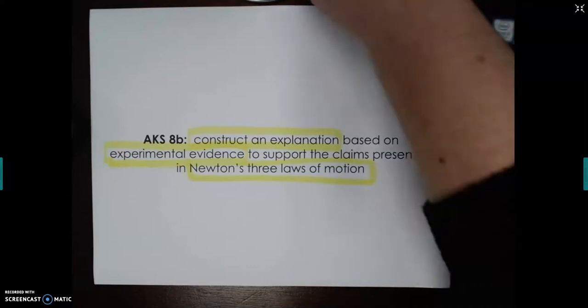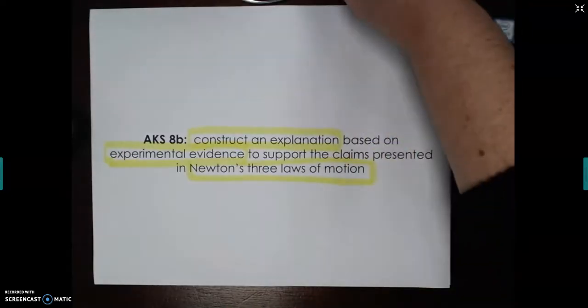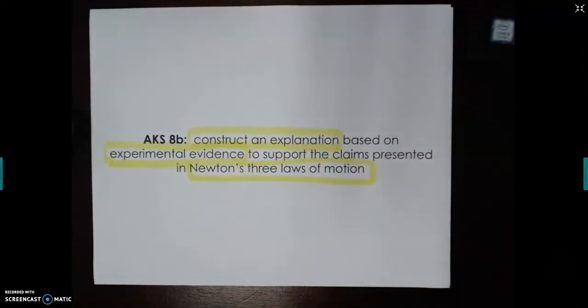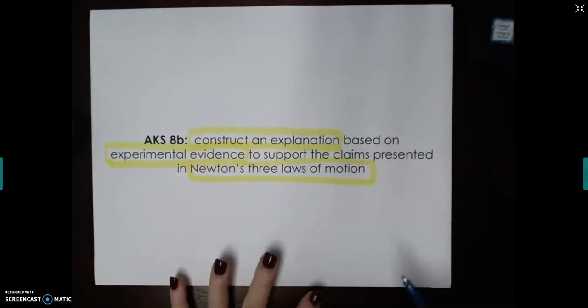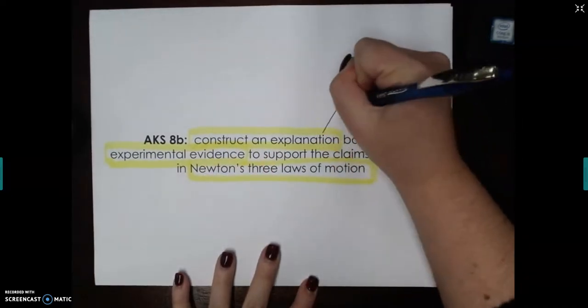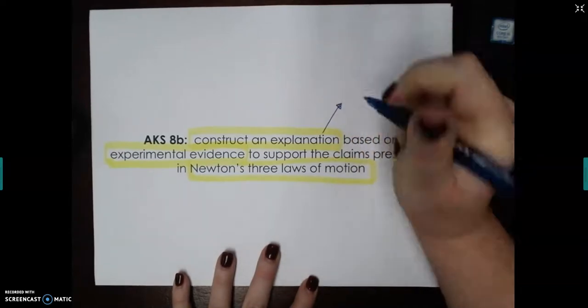So we have talked about constructing an explanation before, and I'm going to use my blue pen to talk about my science and engineering practice of constructing an explanation. So I'm going to draw a little arrow up here with my blue pen.